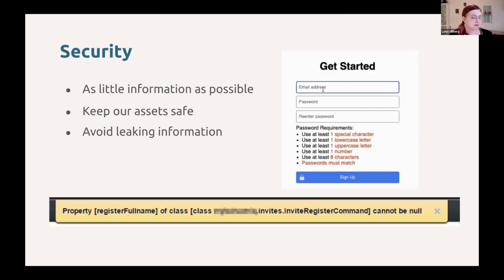And if you see the yellow field, it is an error message that gives an attacker a lot of information about database names and tables and fields. So this is something we definitely don't want to give if we look at it from a security perspective.